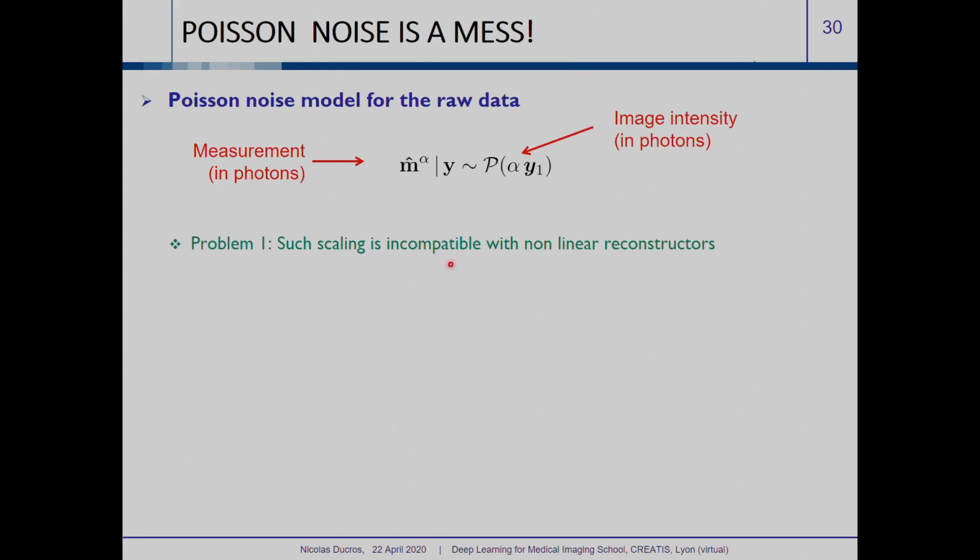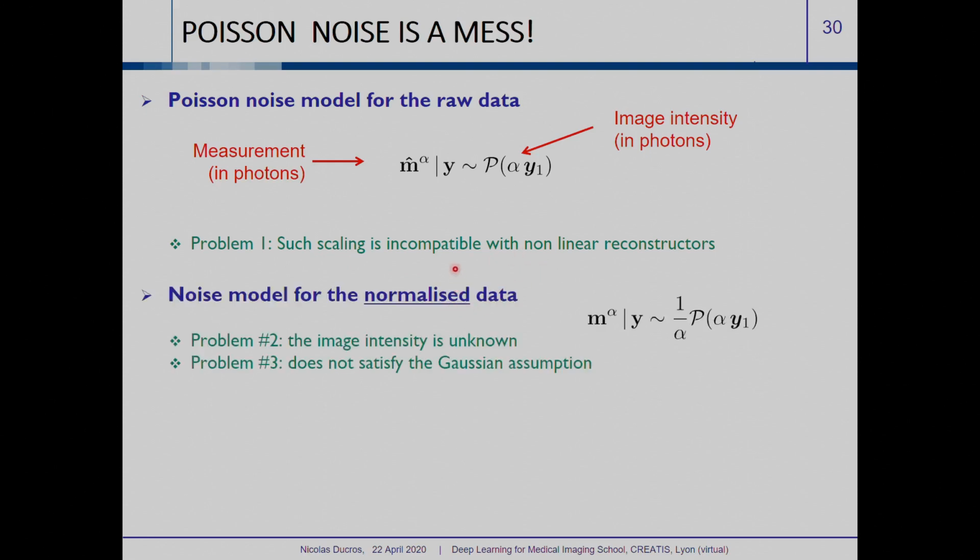First problem, this scaling, which is unknown, is incompatible with nonlinear reconstructor. Why? Because if you have a linear reconstructor, if you reconstruct something just by multiplying by a matrix, then you don't care about the units of the measurements.